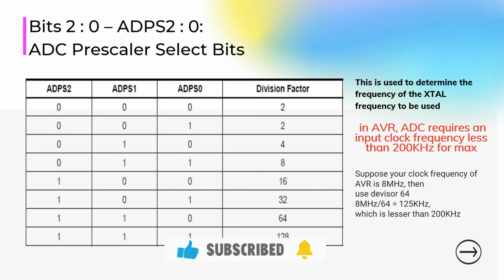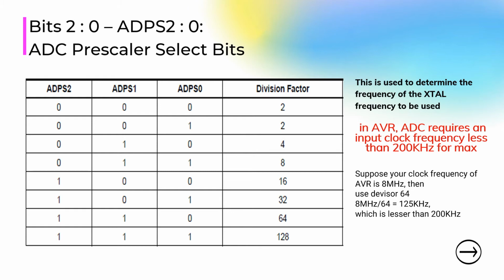In AVR, the ADC demands that the input clock frequency should be less than 200 kilohertz. So whatever the external clock frequency you use, make sure that you use the proper division factor, which gives you a value less than 200 kilohertz.